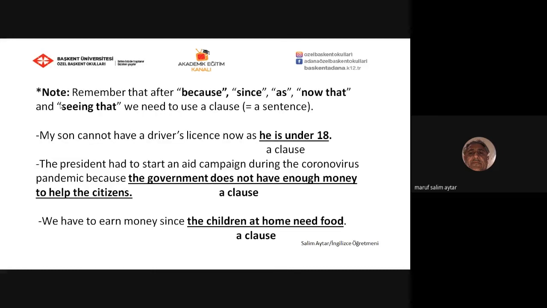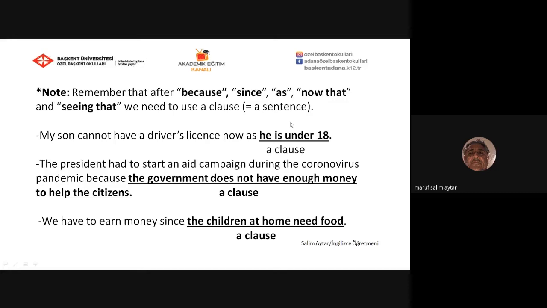Note, people, remember that after because, since, as, now that, and seeing that, we need to use a clause, a sentence, with a subject, verb, and if necessary, object. The example here says, my son cannot have a driver's license now.